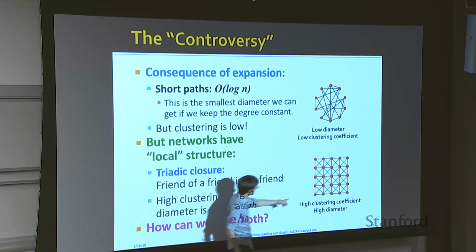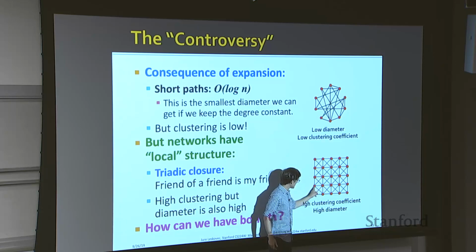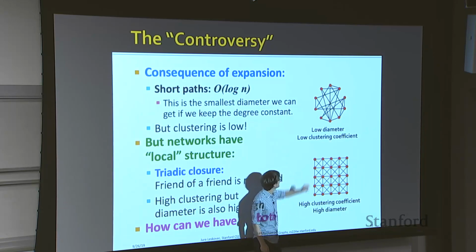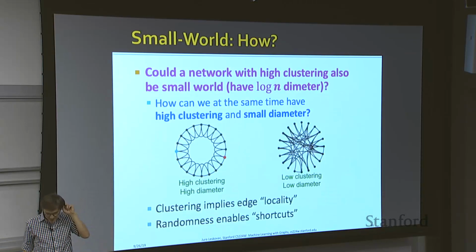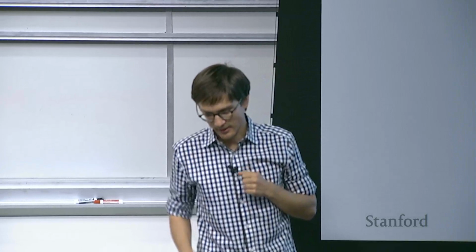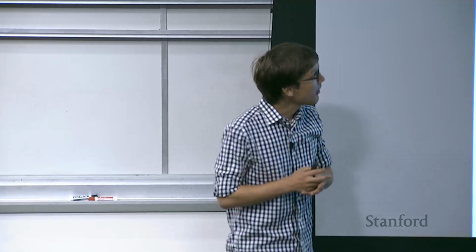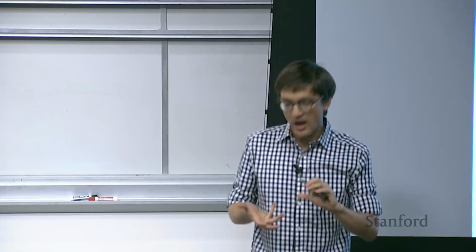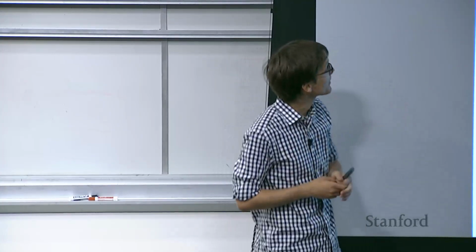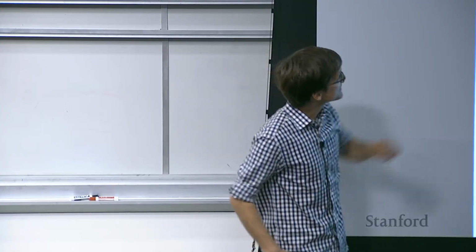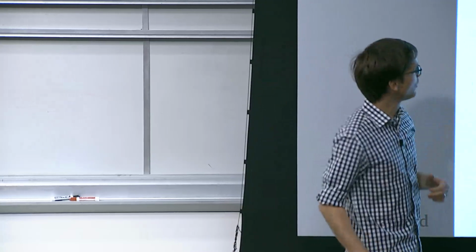Can I have a lot of these triadic structures, these triangles of connected nodes, but still have a small diameter? This model was invented, I think, exactly 20 years ago, in 1999, where people were asking, how could a network with high clustering also be small world, meaning have small diameter? Can I have the two at the same time, right?